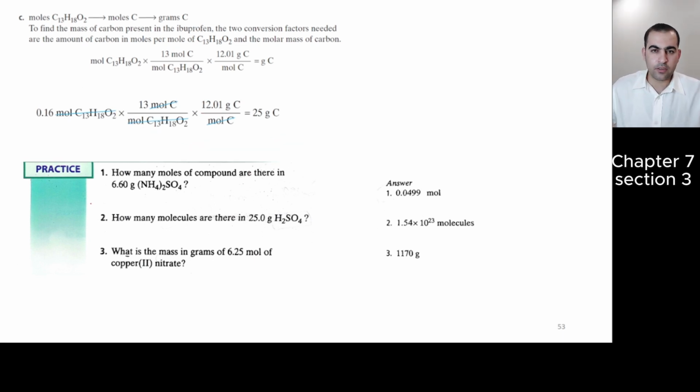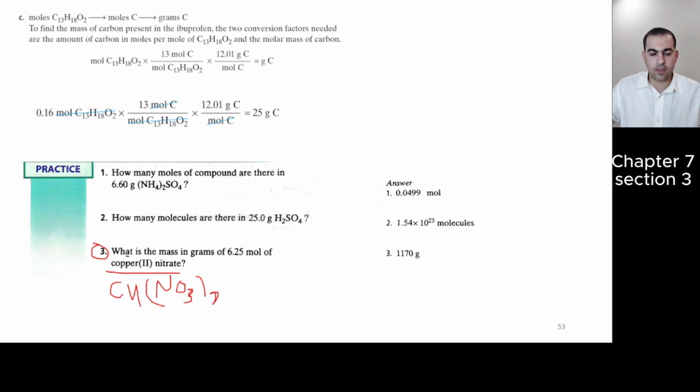Guys, for the practice questions, just note the third one. Mole is given, it asks for mass. But to know the molar mass of any compound, you need to know the chemical formula. What's the chemical formula of copper nitrate? We learned in section 1. This is Cu(NO3)2, because the charge of copper is 2 positive.